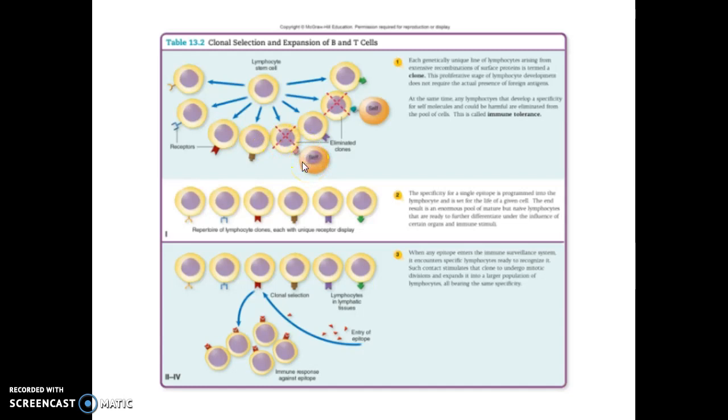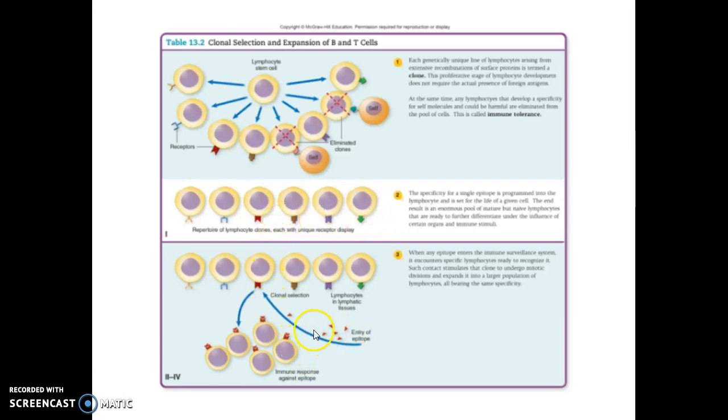If that happens, this cell knows to program itself to die, and that's why you have the X. What is left is this repertoire, this group of B or T cells that have a very specific receptor.